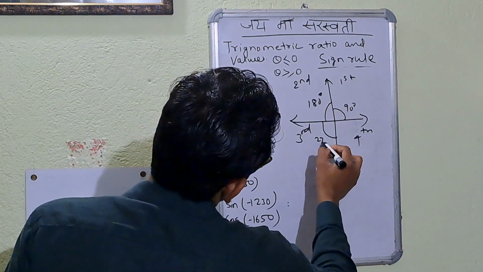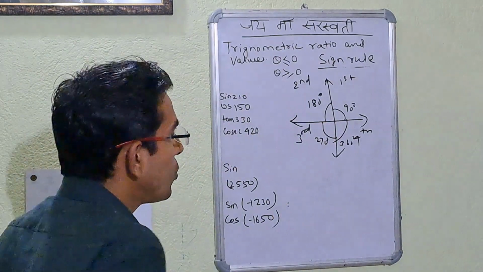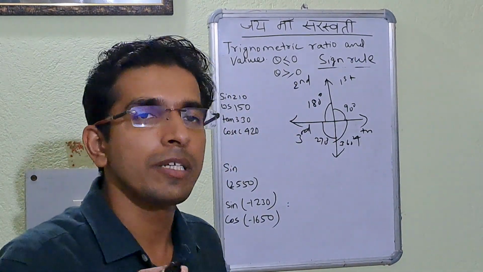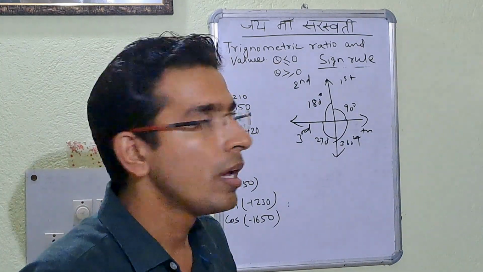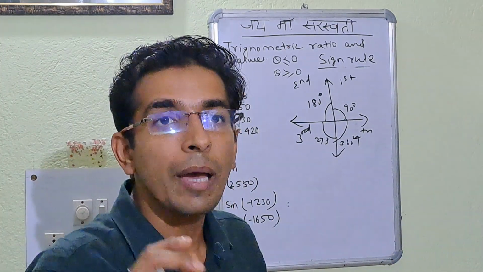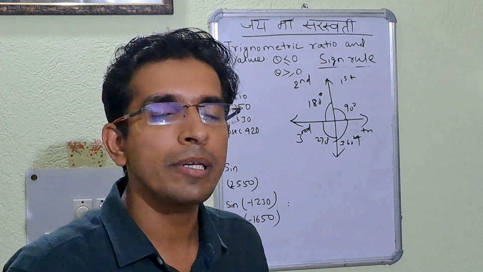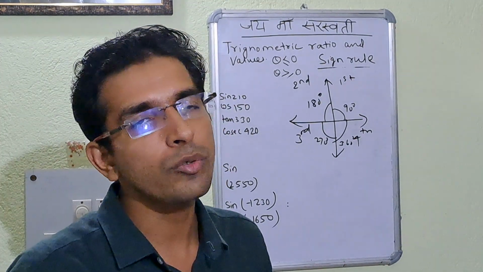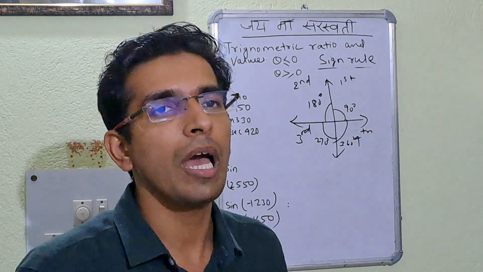Here it is 270 degree, and here up to it is 360 degree. So each and every quadrant is 90 degree, and the first quadrant is limited up to 90. Similarly, the second quadrant is limited up to 180 degree, the third quadrant up to 270 degree, and the fourth quadrant up to 360 degree.